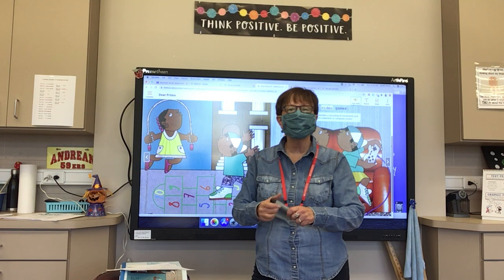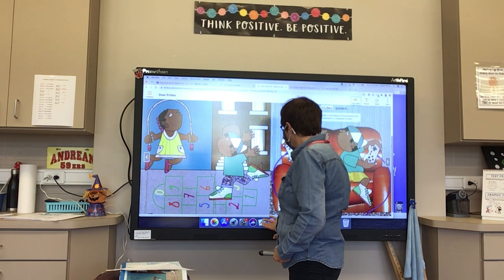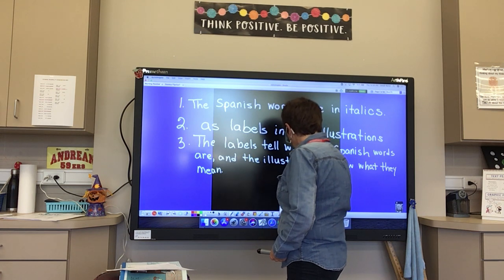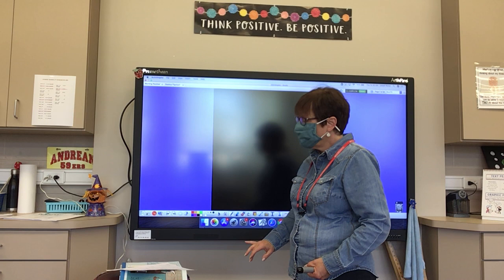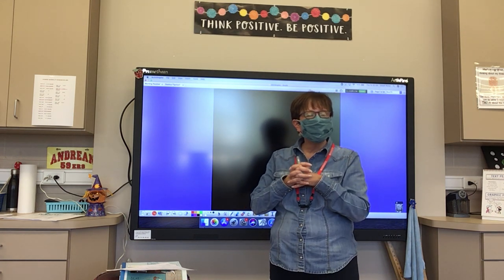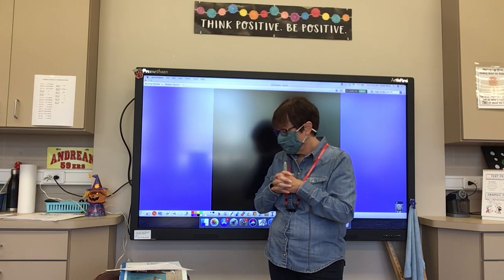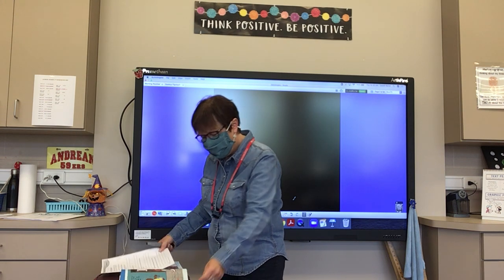How do they help us know where the boys live? Teddy? They show the biome or the area. Okay. What else? Ivy? They're showing different people.